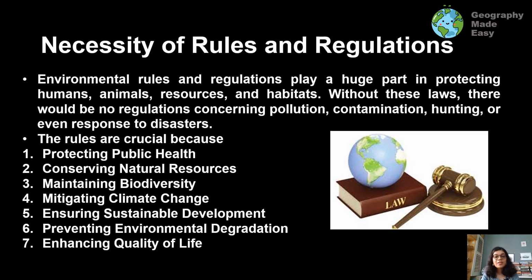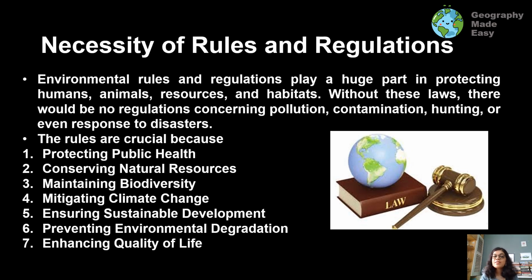Let us start with understanding what are the rules and regulations which are there for the environment. We have to first understand that we are talking in the context of India, and we're talking about environmental rules in the context of Indian rules. So environmental rules and regulations in general play a huge part in protecting the different kinds of forests, plants and animals and habitats which are there in the country.